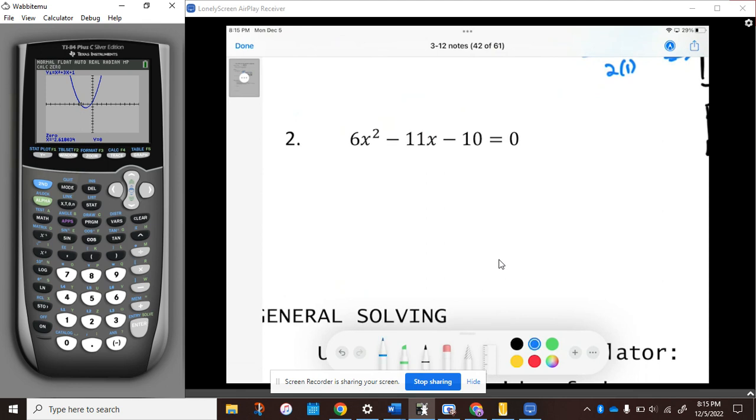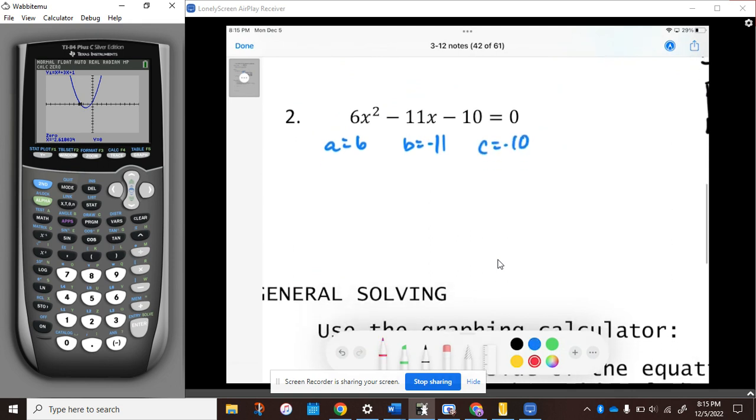Problem number 2 is going to be a little bit more complicated, but still not really all that bad, because when you look at it, we've got a equals 6, b is negative 11, and c is negative 10. Well, when we plug that into the formula, x equals negative b, right? 11 plus or minus the square root of b squared.